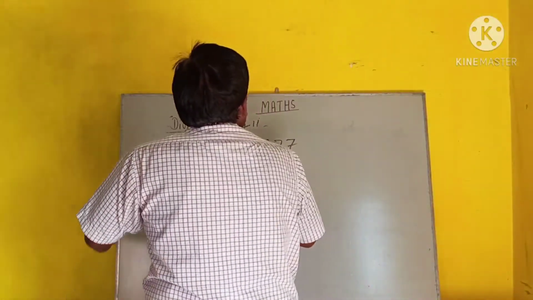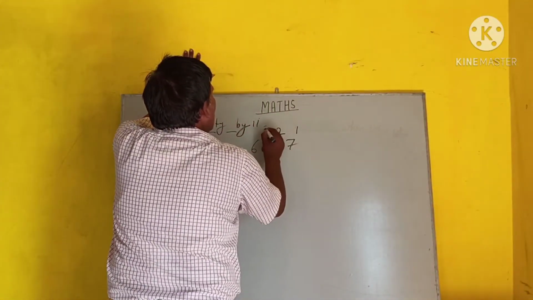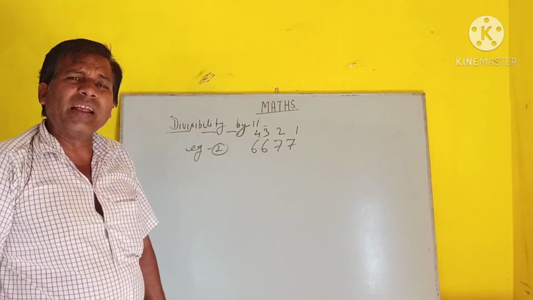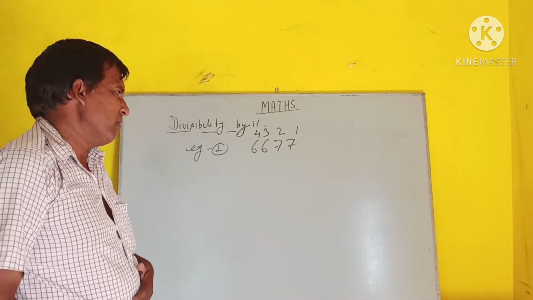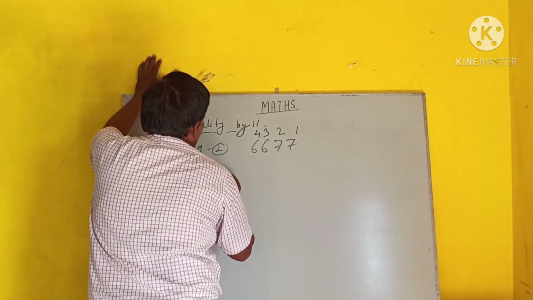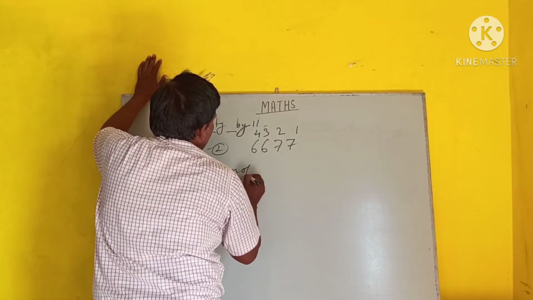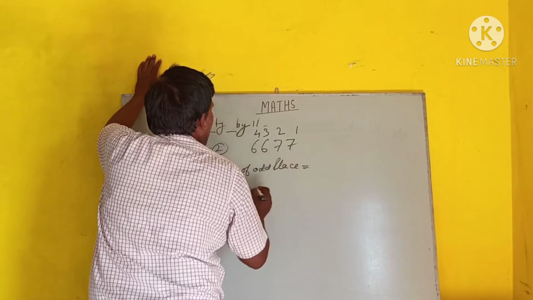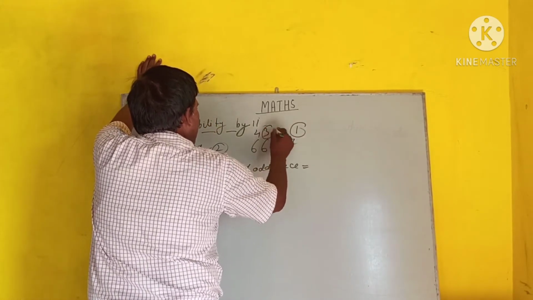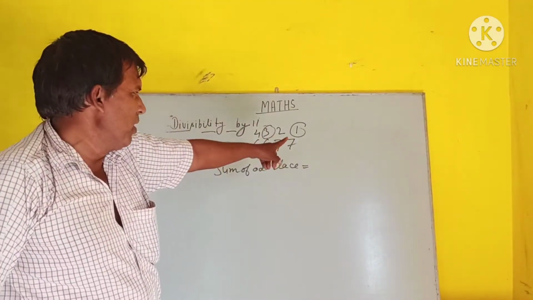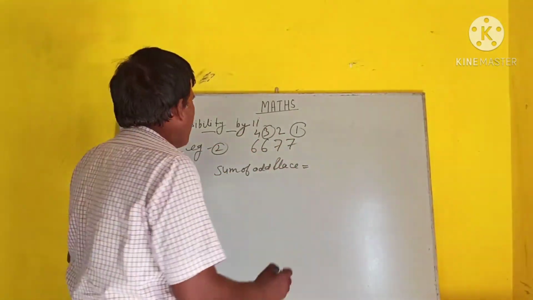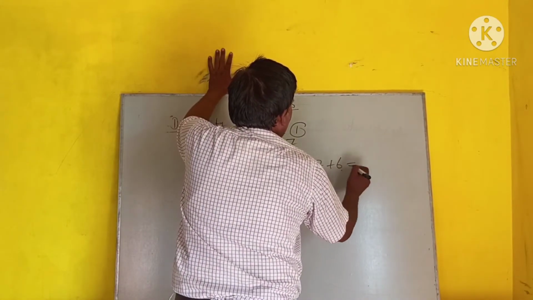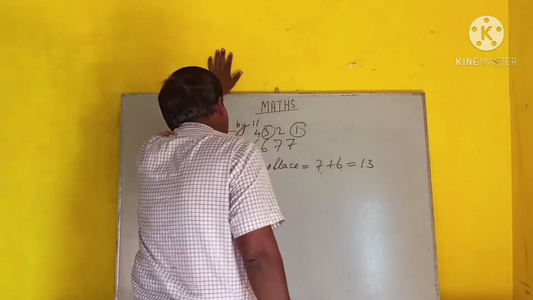See here, you write 1, 2, 3, 4. Here you find the sum of odd places and the sum of even places. Sum of odd places: here the odd places are 1 and 3. Place of 1 is 7 and place of 3 is 6. 7 plus 6 is equal to 13.